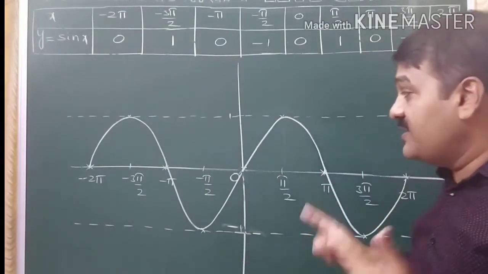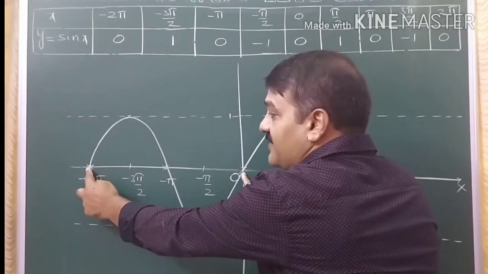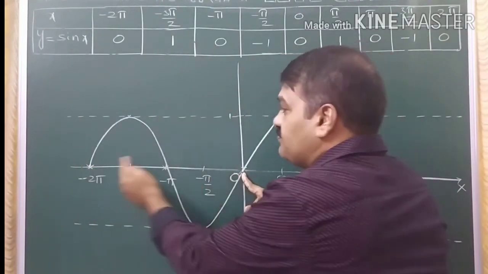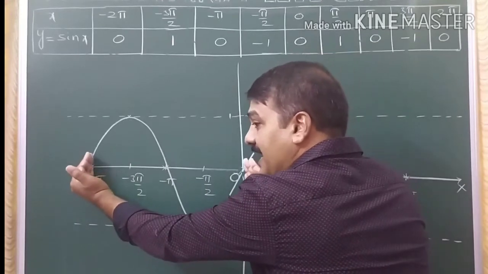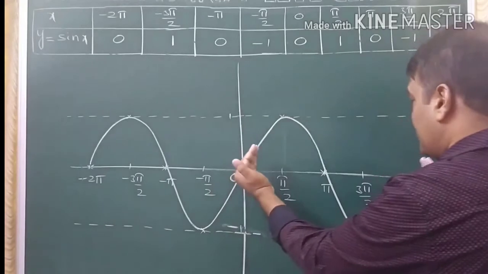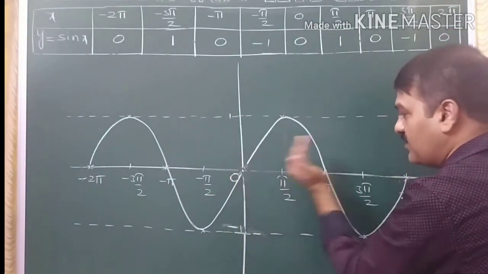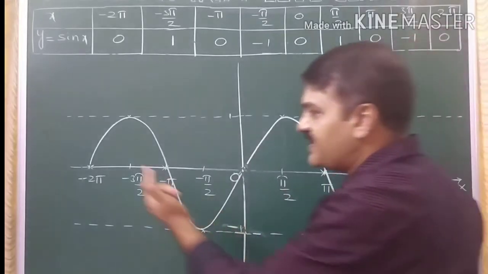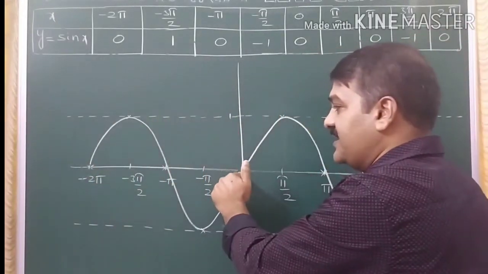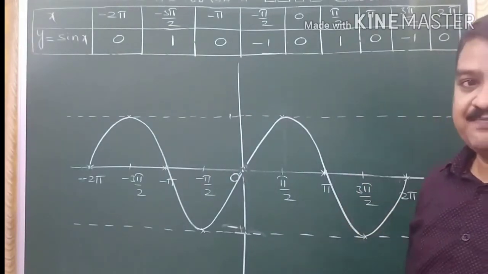Here you can see the graph is repeating for this interval between -2 pi to 0, that is with a gap of 2 pi radians or 360 degrees. 0 to 2 pi, same shape you are getting. So with a gap of 2 pi or 360 degrees, that is for every 2 pi radians or 360 degrees, the graph is going to repeat.